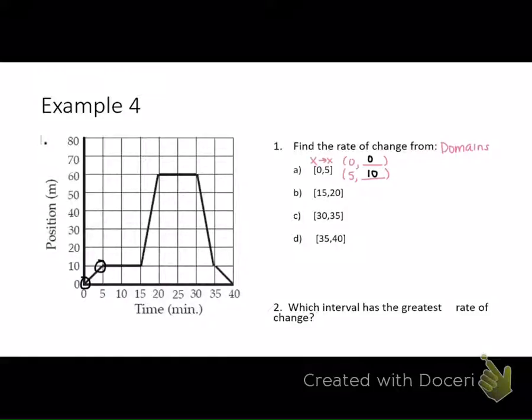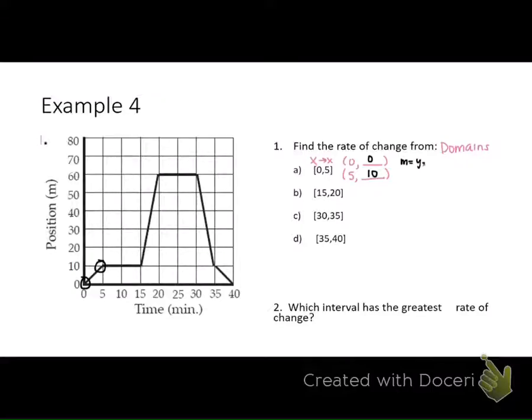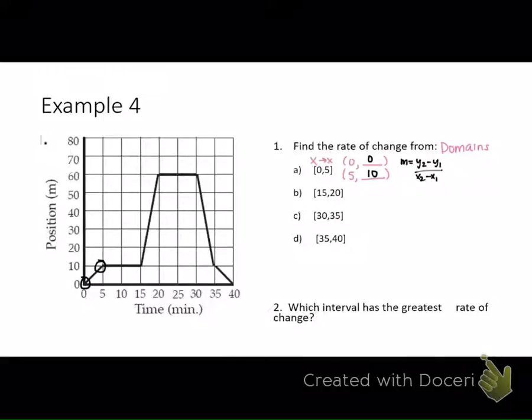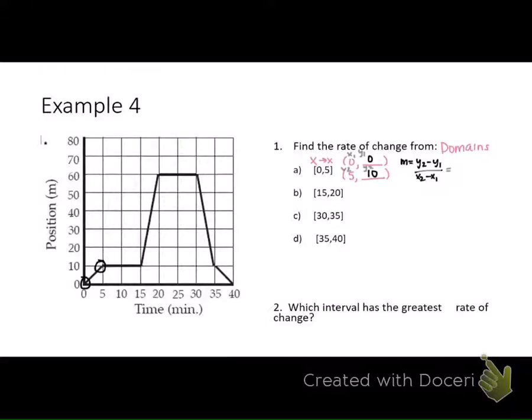So when you do the slope, it's y2 minus y1 over x2 minus x1. Or you can do the stacking. I don't really care how you do it. So that's 10 minus 0 over 5 minus 0, which is 10 over 5, which is 2.